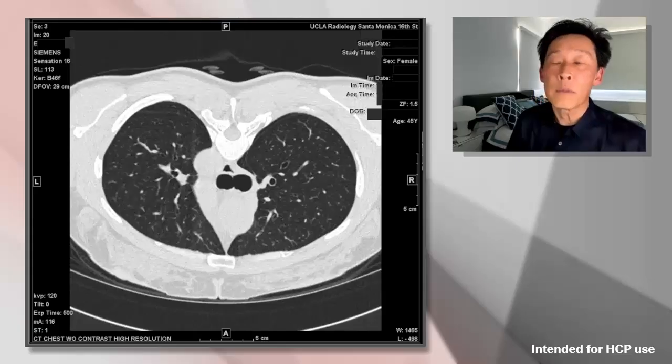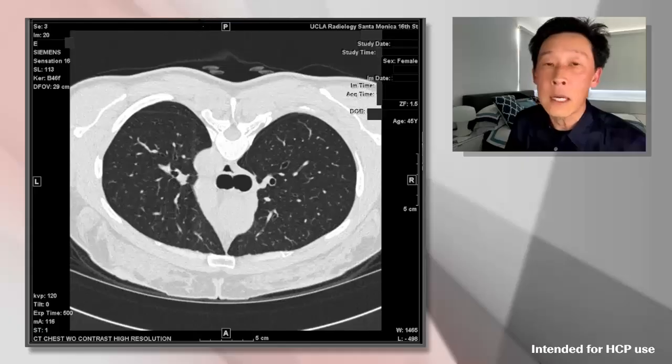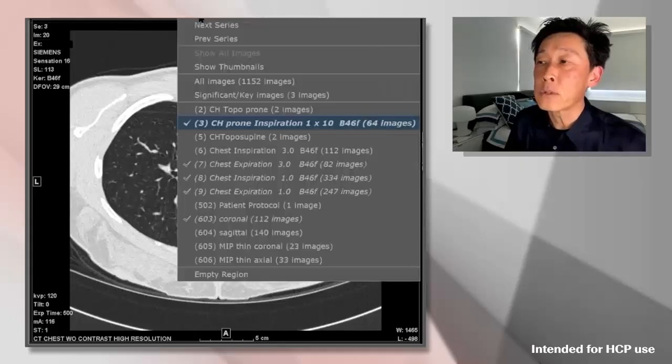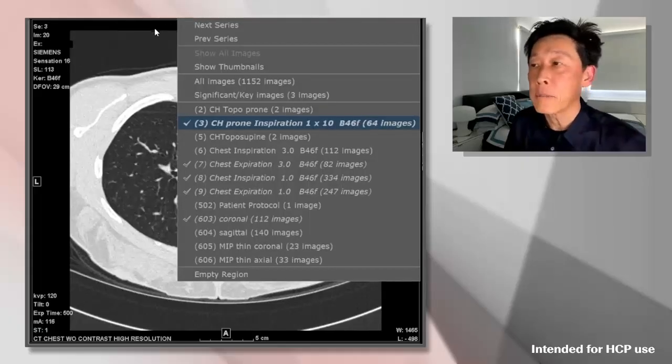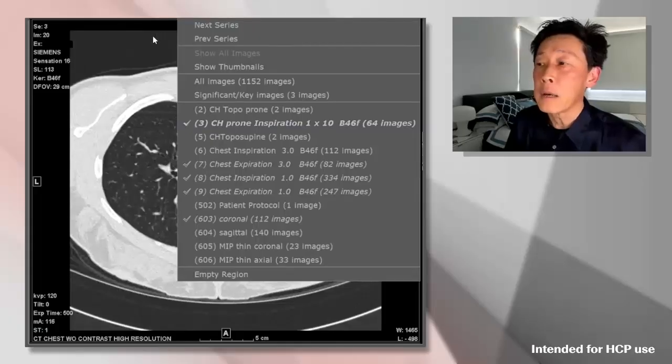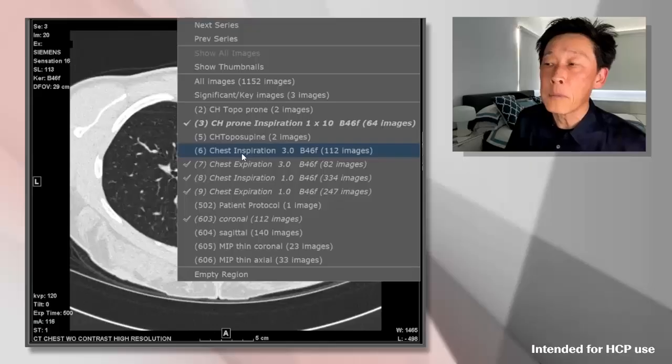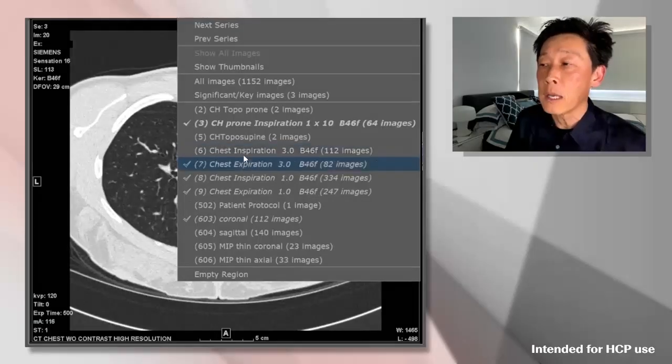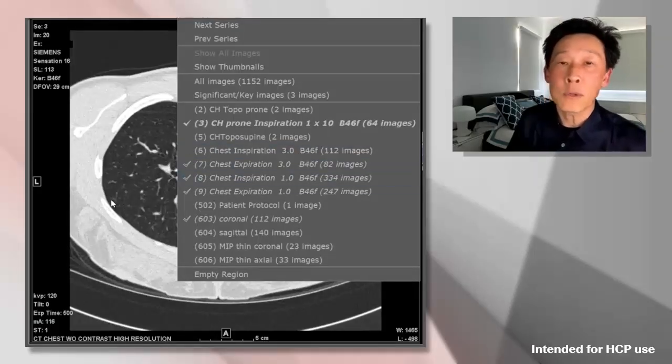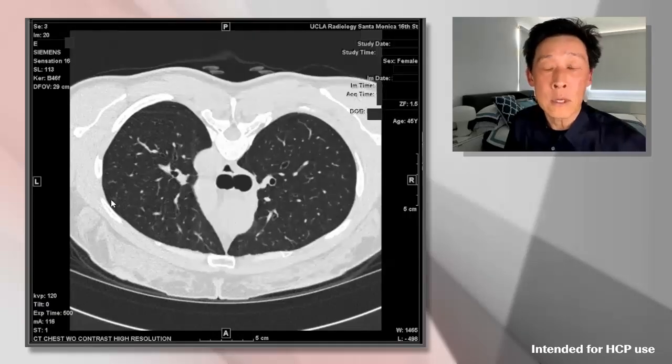In this day and age, we're very dose conscious in terms of how much radiation the patient receives. And all of the protocols have been designed to reduce or limit the amount of radiation that the patient receives. This is coupled with the more modern scanners that can set a threshold dose. So in this case, we're doing the optimal dose for the inspiratory imaging, and then for the expiratory and prone imaging, we reduce the doses.